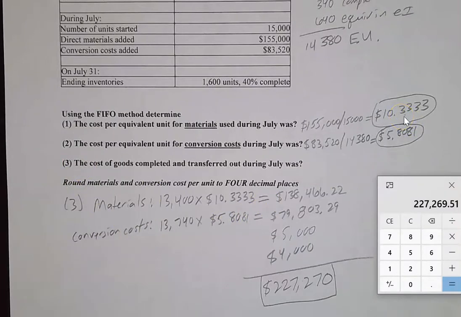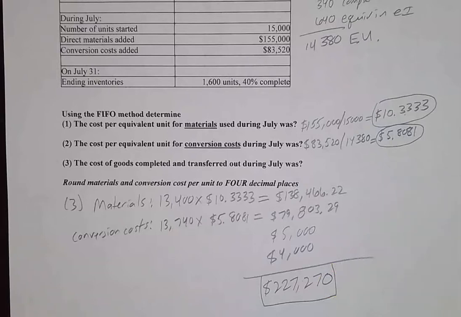Part 1 is 10.3333. Cost per equivalent unit for conversion costs, 5.8081. And cost of goods completed and transferred out, $227,270. Okay, this video is starting to get kind of long, so we're going to end this video, and then we're going to look at another example that's somewhat similar to this one in the next video.